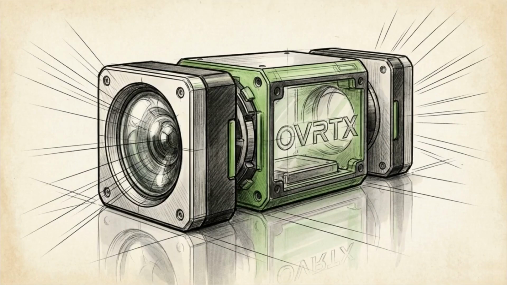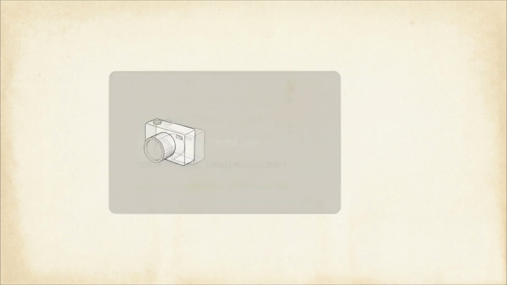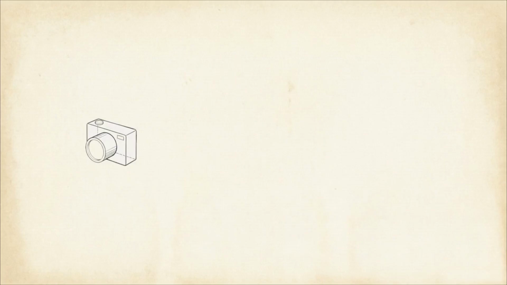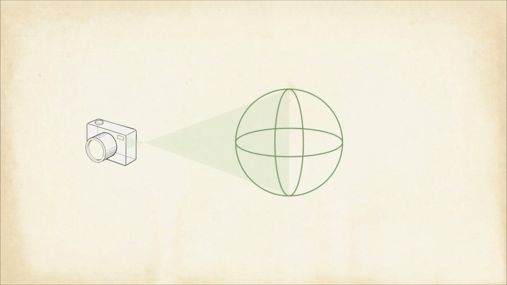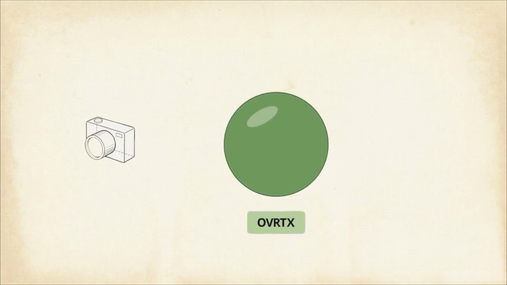The first independent module is the OVRTX library. OVRTX is a decoupled path tracing renderer. Instead of opening a massive 3D application to view a scene, a developer can execute photorealistic rendering natively using a simple pip installable Python script.